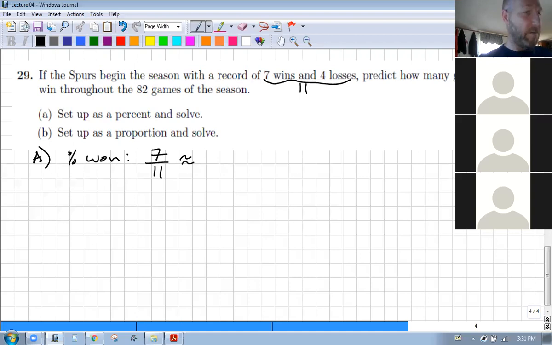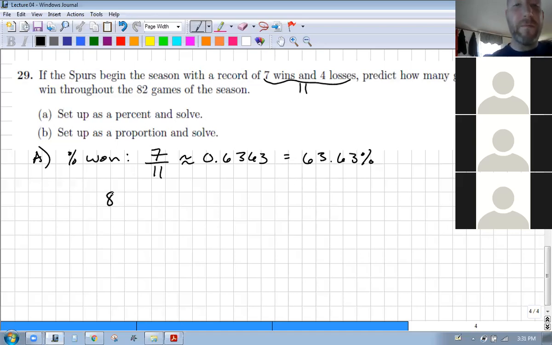Let's see. 7 divided by 11. So 0.6363, or 63.63%.